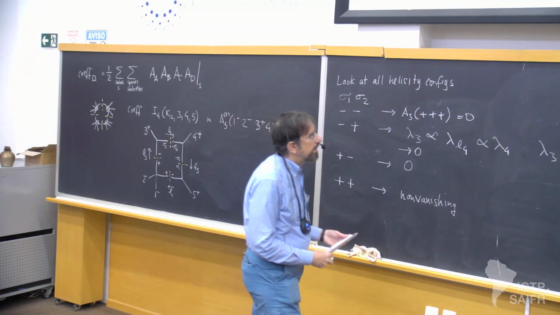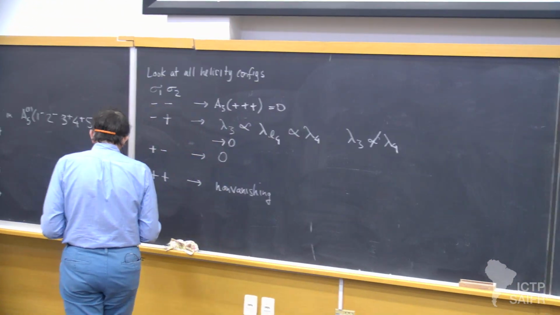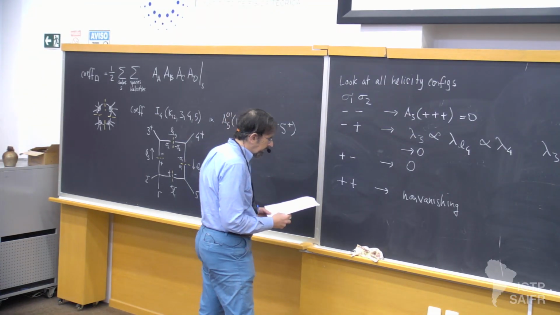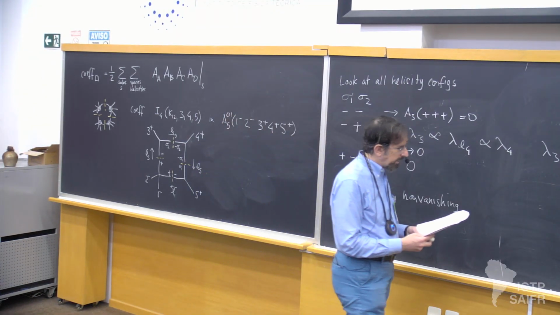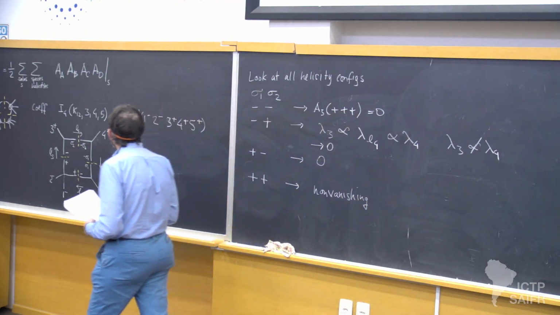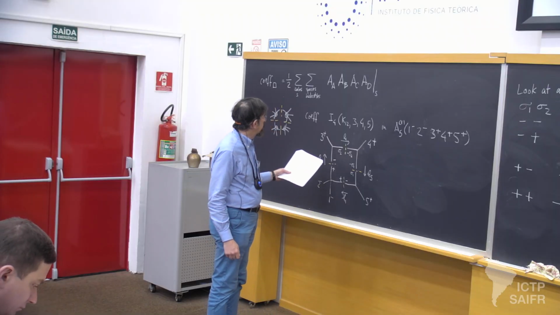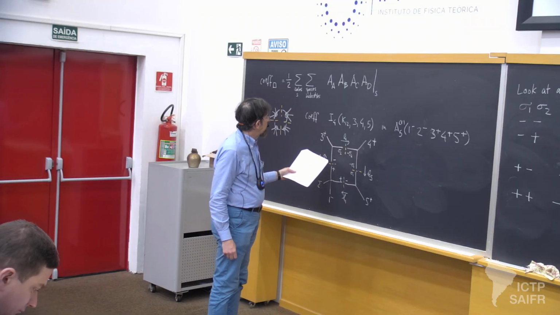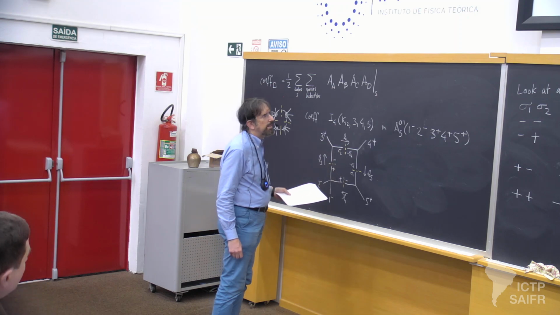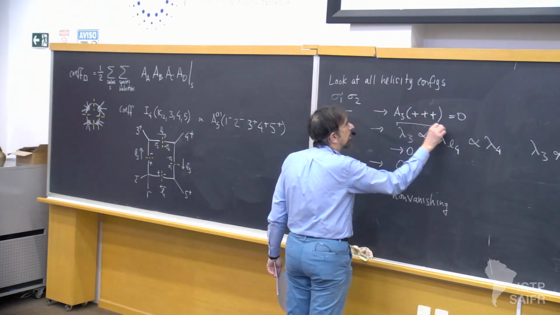So in order to compute it, let me just say, we're going to have a plus plus minus, and that's going to tell us that this part of the equation is going to be true.